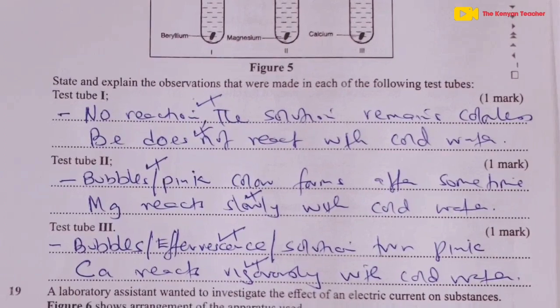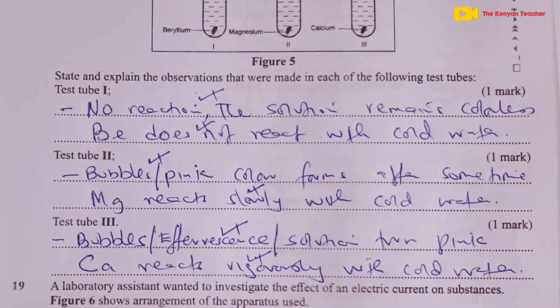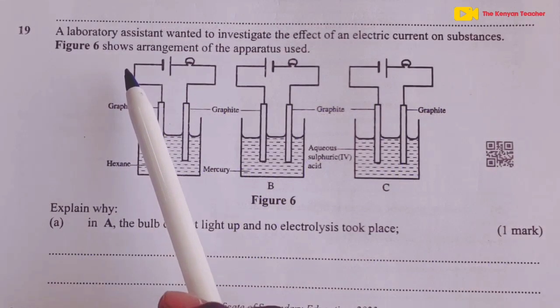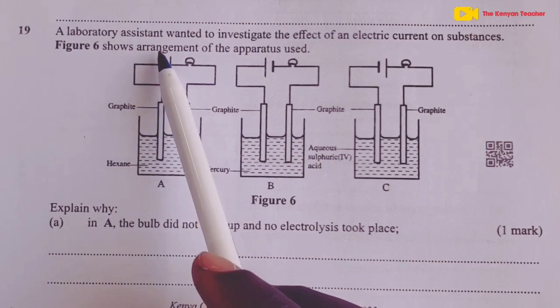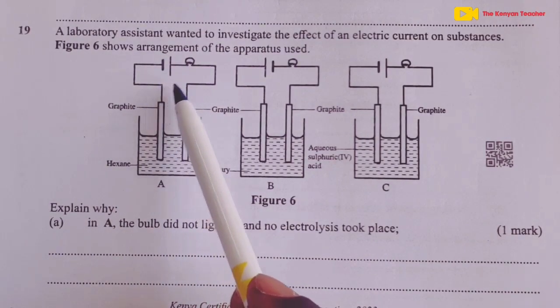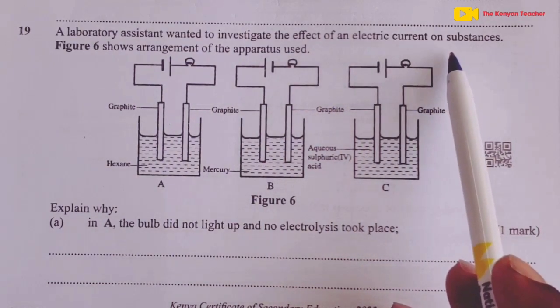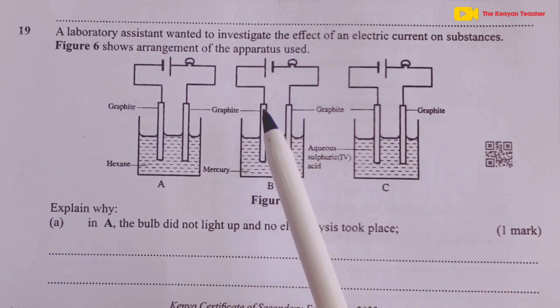And this leads us to the next question, question number 19. Topic is effects of an electric current on substances. A laboratory assistant wanted to investigate the effects of an electric current on substances.